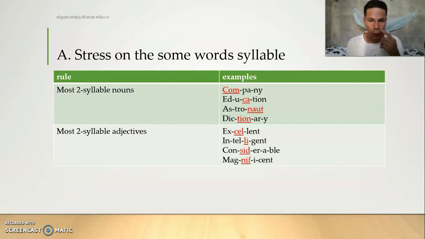Okay? Any question, please? Okay. Again. Example: company, education, astronaut, dictionary, excellent, intelligent, considerable, magnificent.